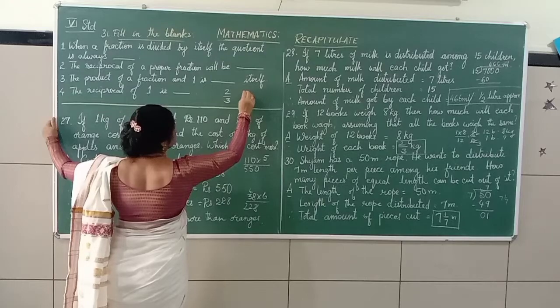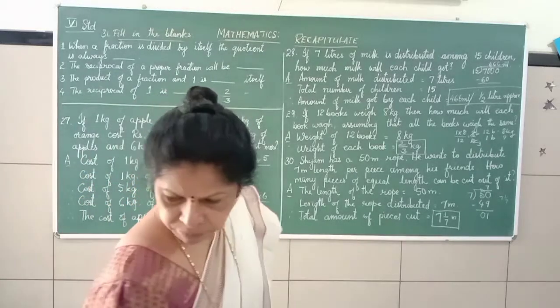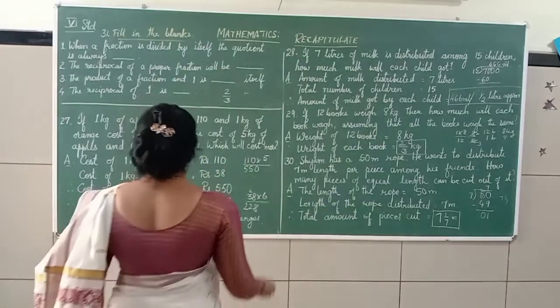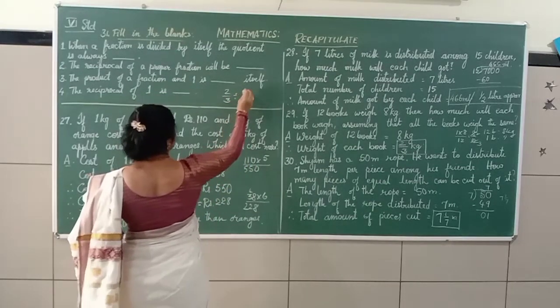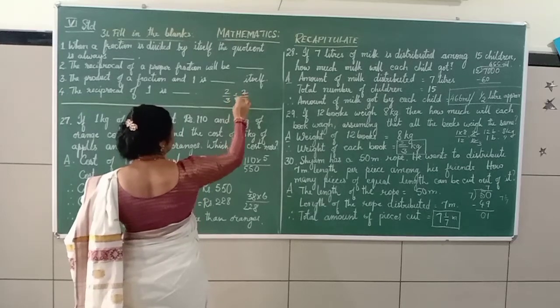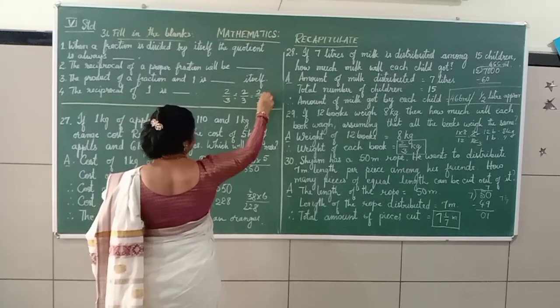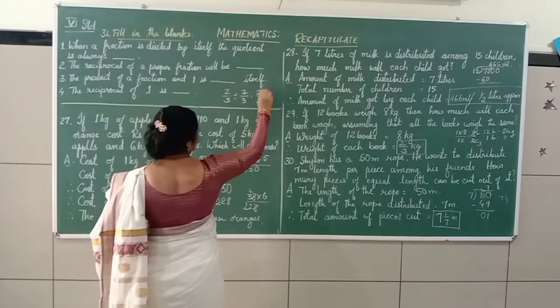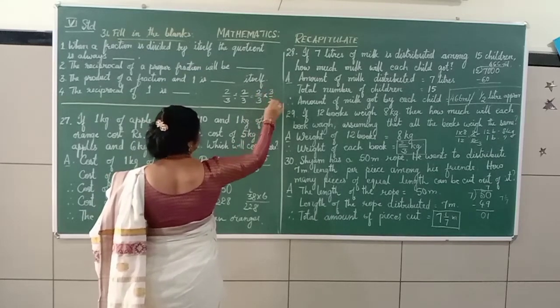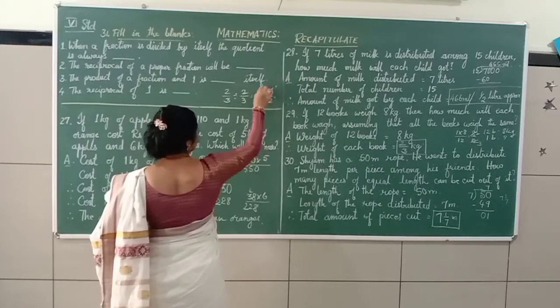Divided by itself. So see, 2 by 3 divided by 2 by 3 will be 2 by 3 into the reciprocal. You have to take the reciprocal, 3 by 2. What will be the answer? 3 and 3 will cancel. 3 ones are 3, ones are 2, 2 ones are 2.